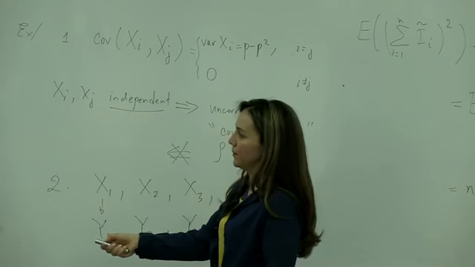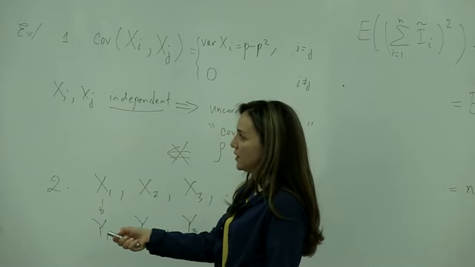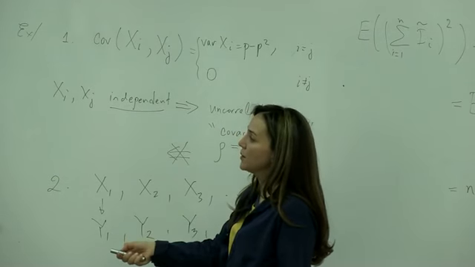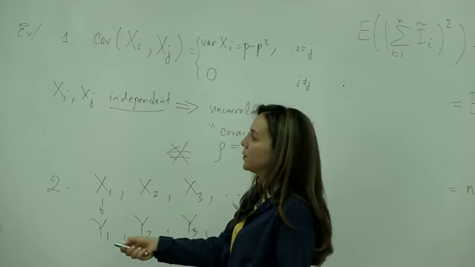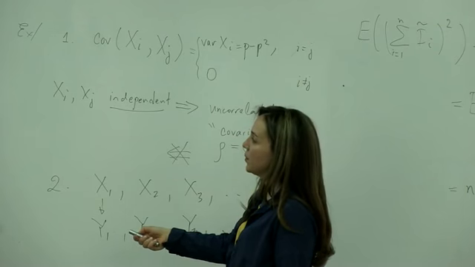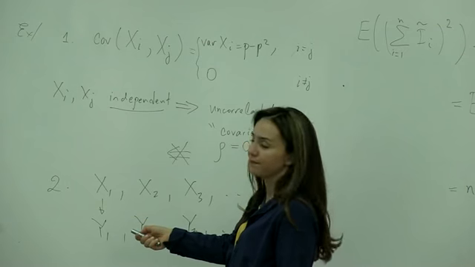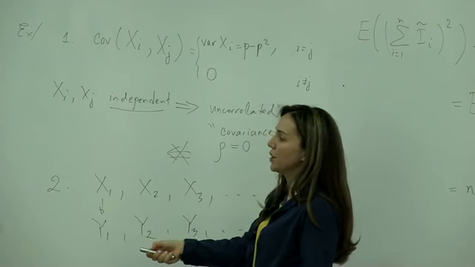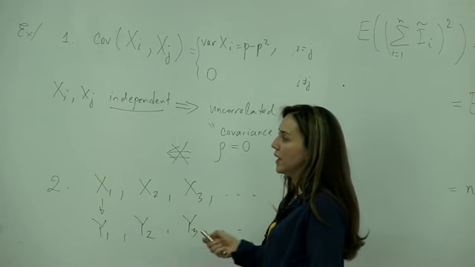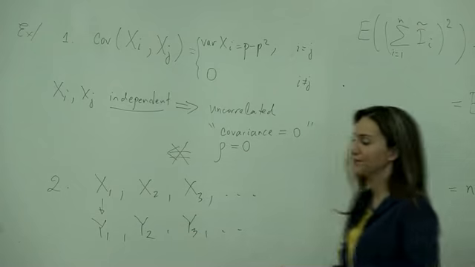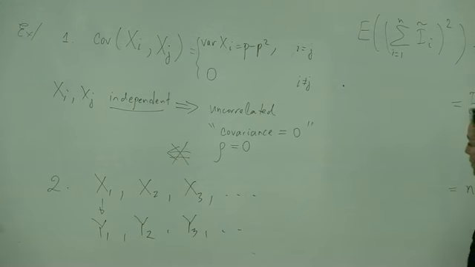For every i, if trial i is successful, we toss a fair coin. If the coin comes up heads, we let y sub i be 1. Otherwise, the value of y sub i is set to 0. Now let's find the covariance of yi and yj, and the covariance of xi and yj for all i and j.